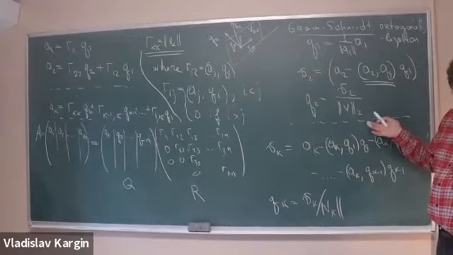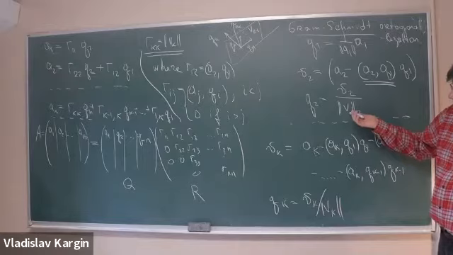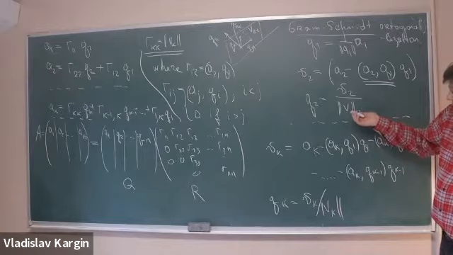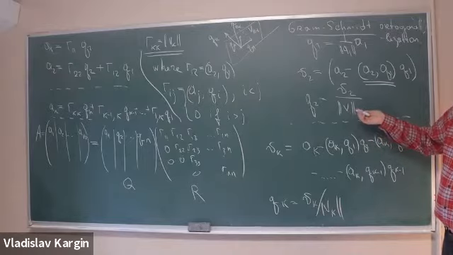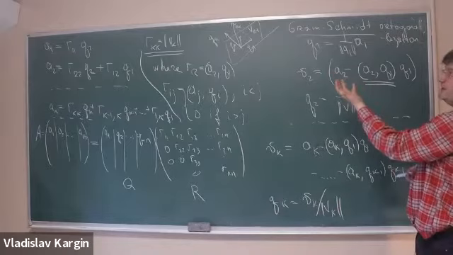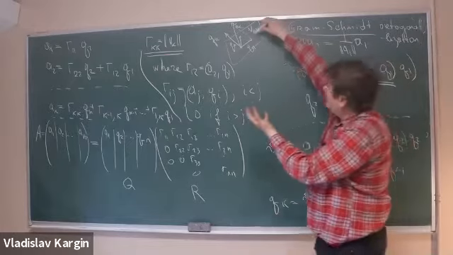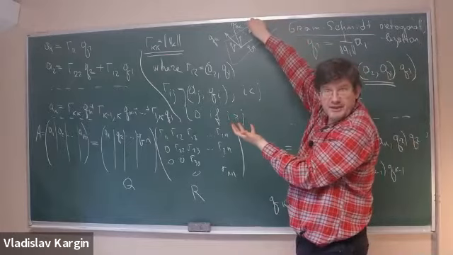So when can this algorithm break? When you cannot divide by the norm, so when the norm of a vector is equal to 0. This will happen only if you add some new vector ak that is inside the previous linear space.